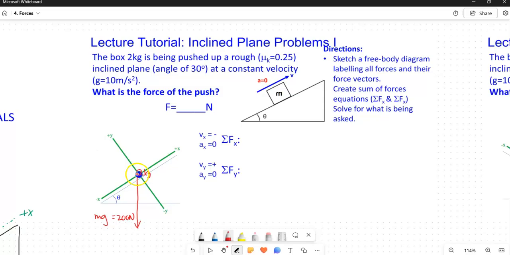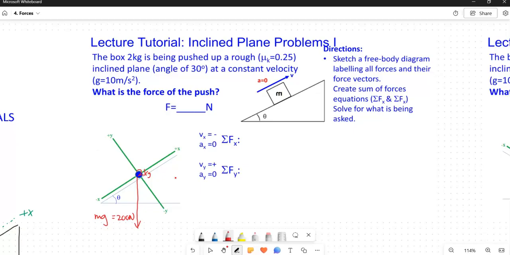For example, if we had a vector pointing up and to the left here, that vector would have a negative x component but also a positive y component. And if it was pointed over here, kind of to the right, it would have a negative y component and a positive x component.